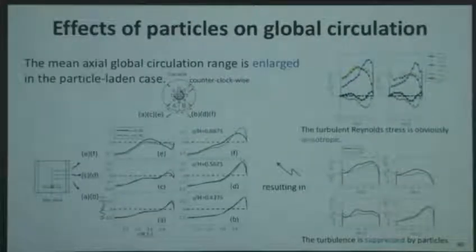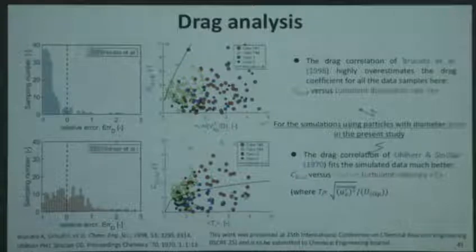And if you go further to the circulation area, you can find that this global circulation area is enlarged when you have particles in the system. On the other hand, for the local drag, you will find the Brucato formula, which is used mostly for small particles, is not a good prediction. For these 1 millimeter particles, it is almost all over-predicted.